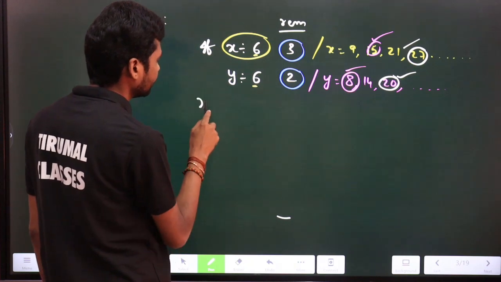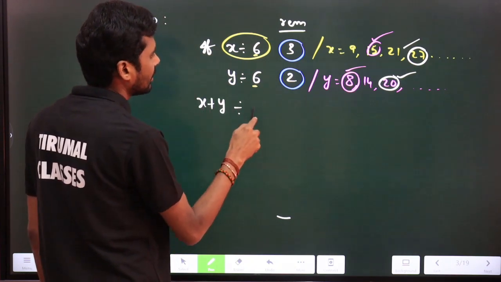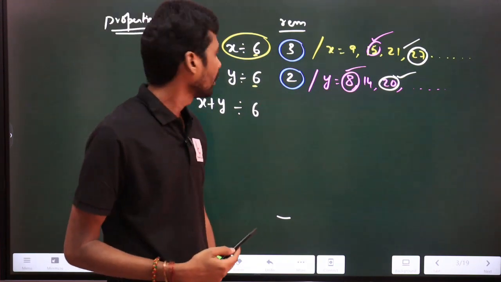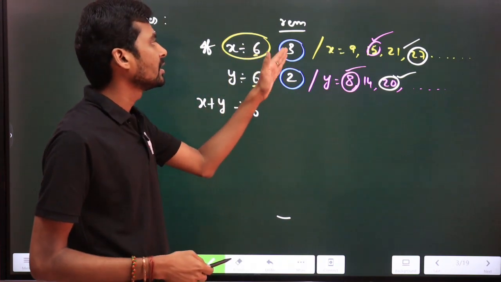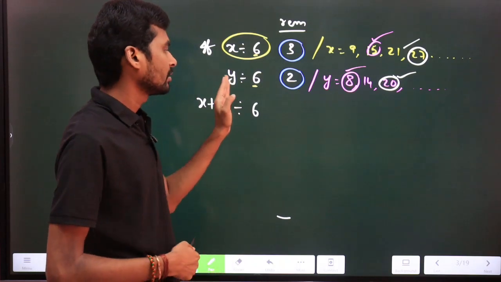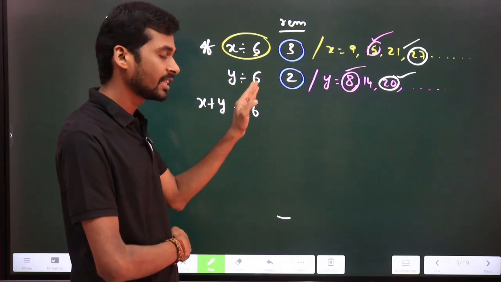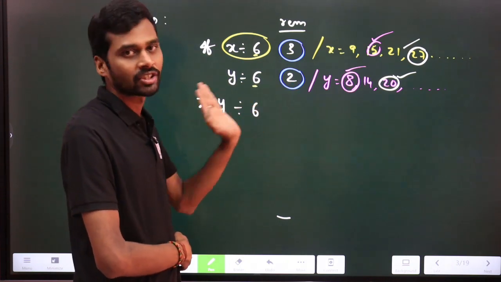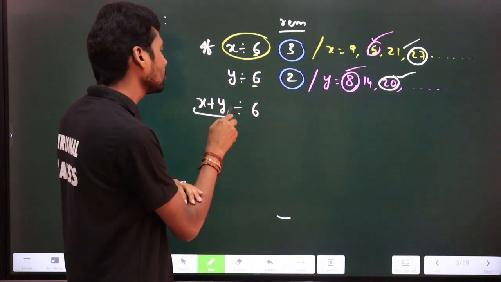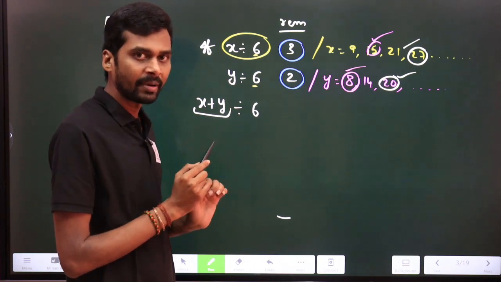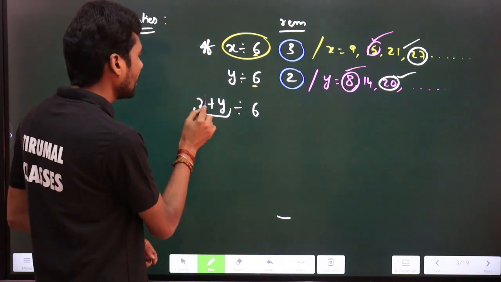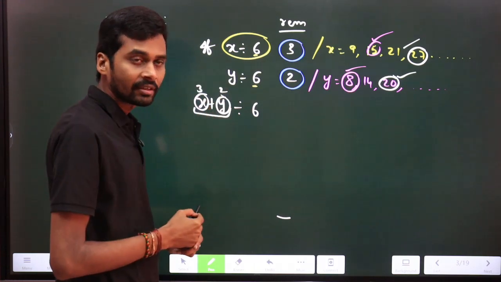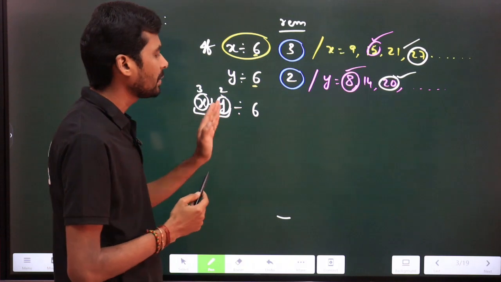When we are dividing with the same divisor, we can actually take the remainders as the numbers. See here, a number is divided by 6, the remainder is 3. The second number is divided by the same divisor, 6, and we get the remainder 2. If the remainder is given as 2, then if I ask you what is x plus y divided by 6, you can take x and y values as 3 and 2. So now 3 plus 2 is what? 5.